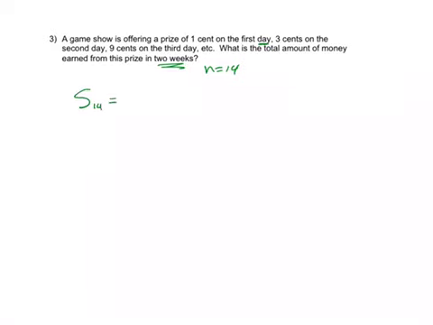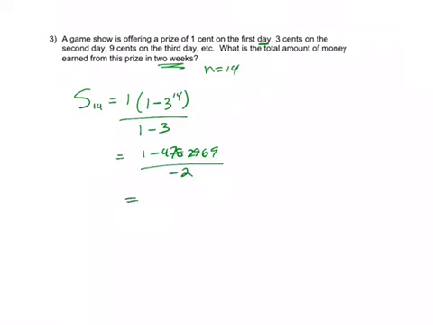So S of 14 equals 1 times 1 minus 3 to the 14, divided by 1 minus 3, right? So I have 1 minus a very big number, divided by negative 2.